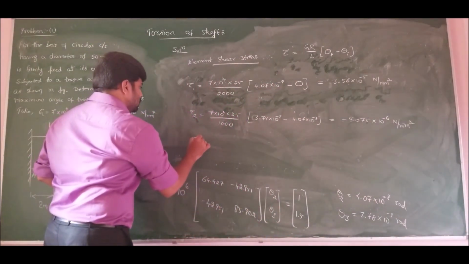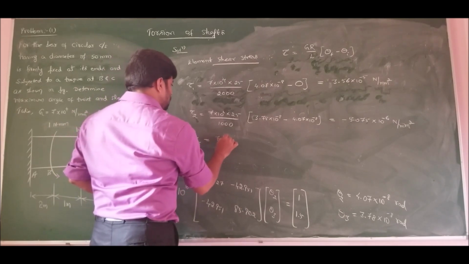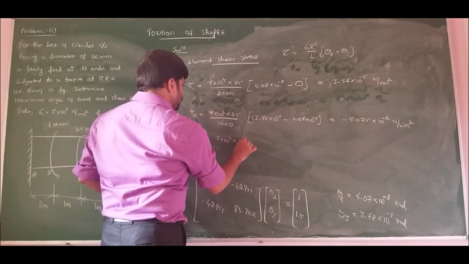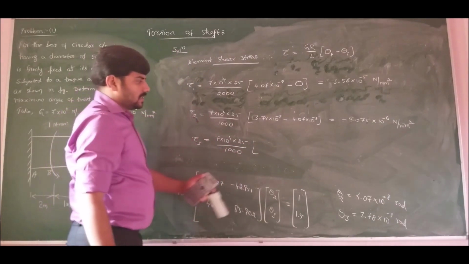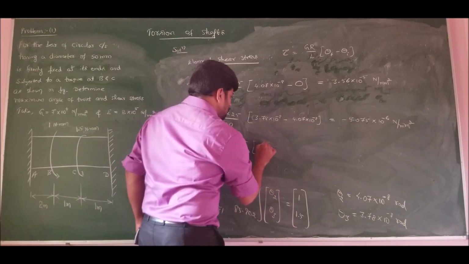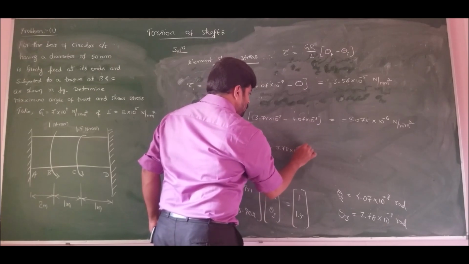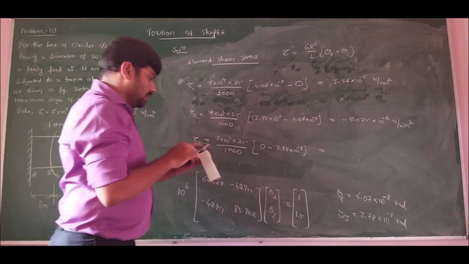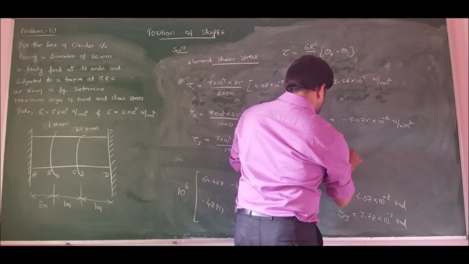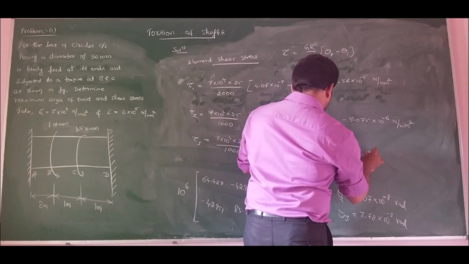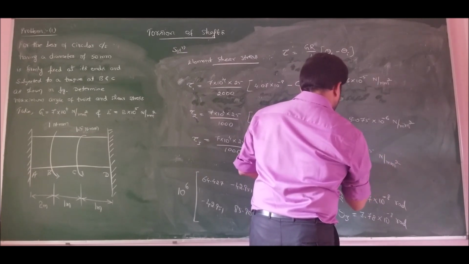And finally I have tau 3, which is equal to G is 7 into 10 to the power of 4, radius is 25 and length is 1000. For element 3, the nodes are 3 and 4, so theta 4 is 0 and theta 3 is 3.78 into 10 to the power of minus 8. If I substitute and solve, I will get 6.615 into 10 to the power of minus 5 Newton per millimeter square.